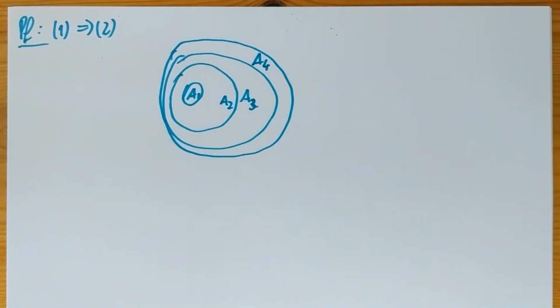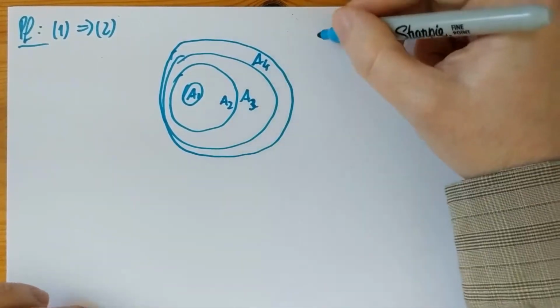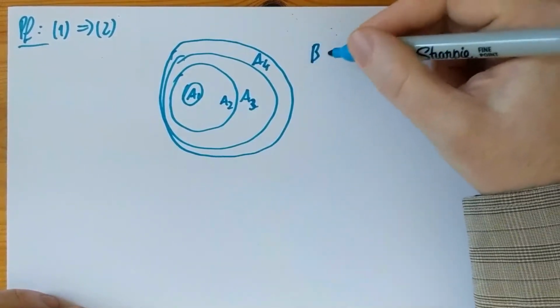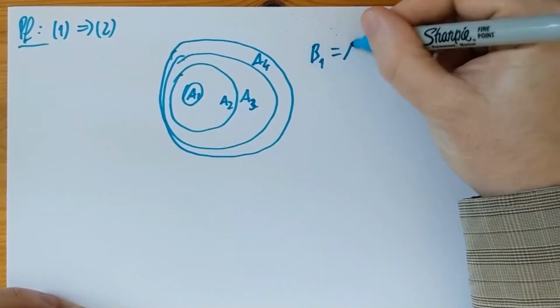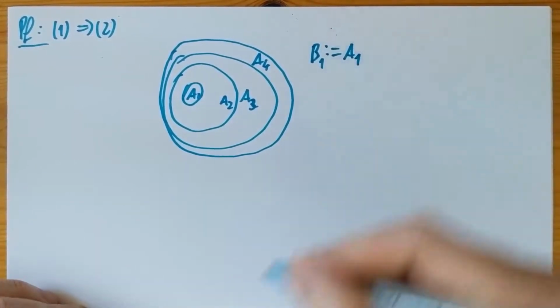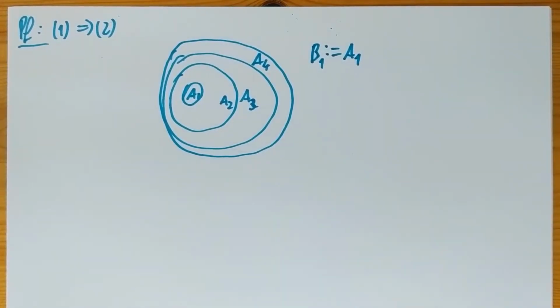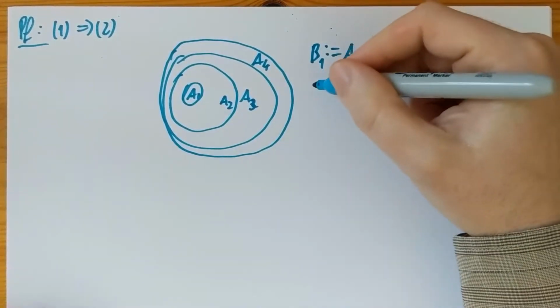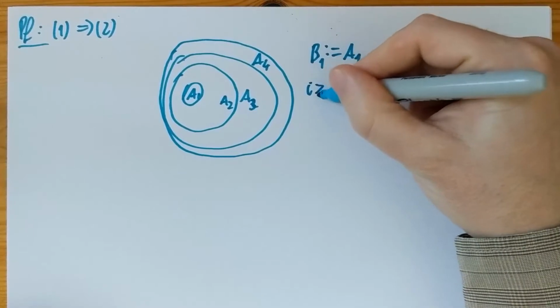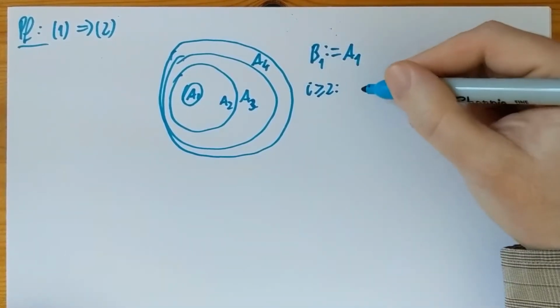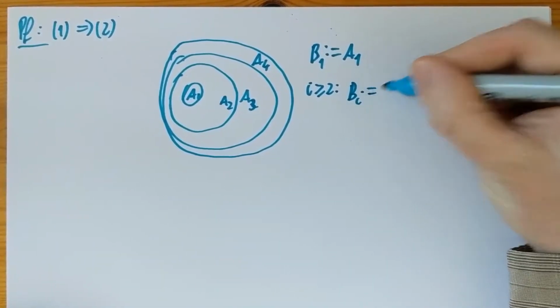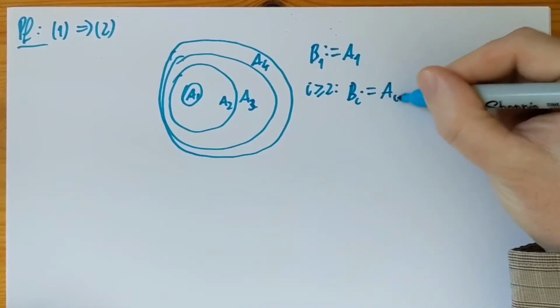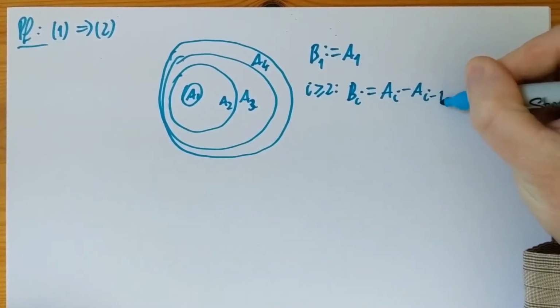Okay. And what I want to introduce is the increments, the disjoint increments of these sets. So I'm going to start with B1 equals A1, and for i at least 2, I'm going to have Bi equals Ai minus A(i-1).